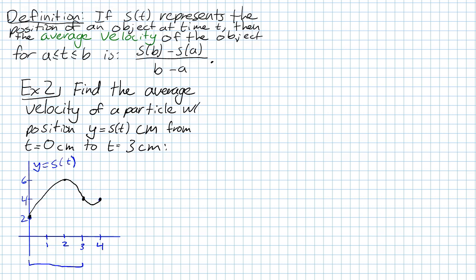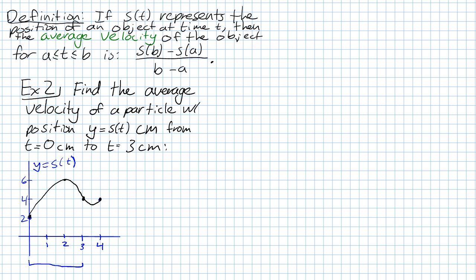Here is the definition of average velocity, which we're going to talk about here. The kinds of functions in the last few examples were examples of position functions, like S of t here, where the units of a position function are meters or centimeters or miles or inches, whatever.